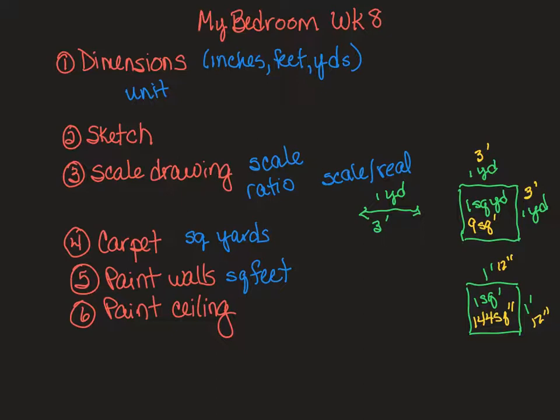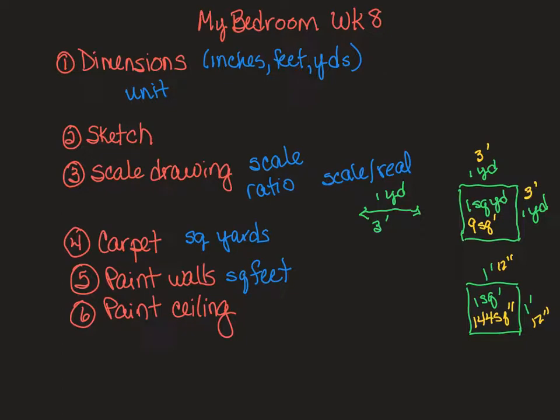A couple of things about when you're actually deciding how much you have to buy. So in this, we're looking for square yards in carpet. Let's do that first. When you buy carpet, you buy it in square yards. Okay, so if I need 4.5 square yards to cover something, I have to buy 5. So what you're going to need is make sure that you figure out exactly how many square yards your floor is, and then decide how many you're going to have to buy, because the cost is going to go by full square yards.